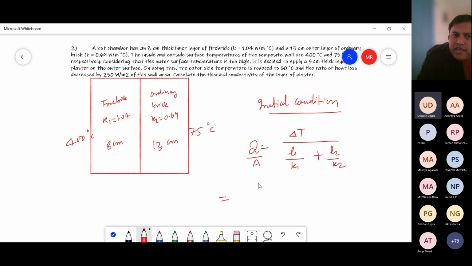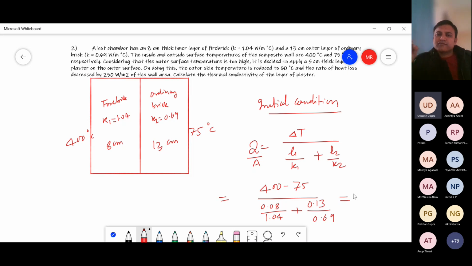So delta T in this case is 400 minus 75, divided by L1, which is 8 centimeter, so that becomes 0.08 divided by 1.04, that is the thermal conductivity. L2 is 13 centimeter, so 0.13 divided by 0.69.